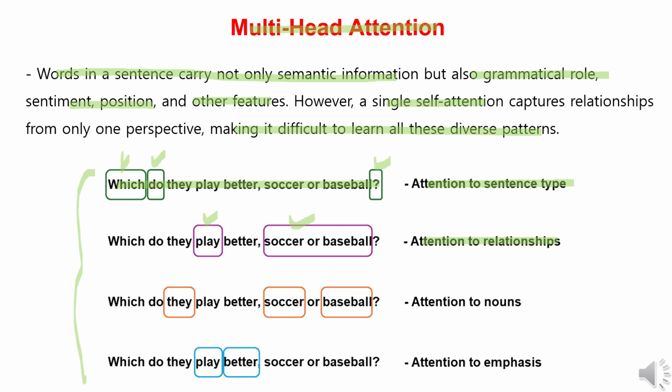Yet another head might attend to nouns or emphasized expressions in the sentence. In this way, multi-head attention runs multiple self-attention mechanisms in parallel, allowing the model to understand a sentence simultaneously from multiple perspectives.